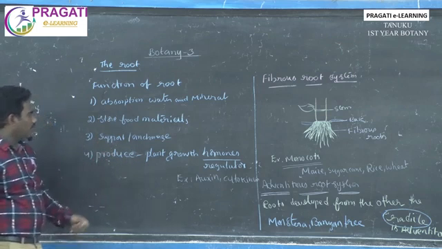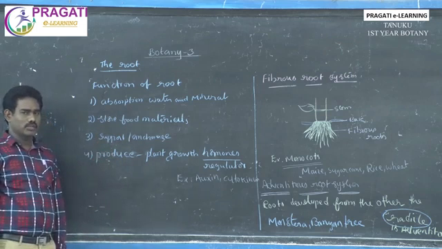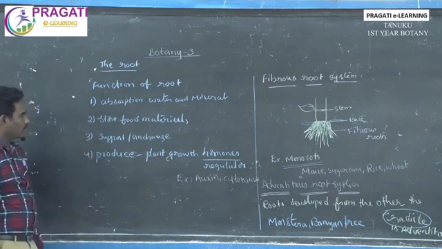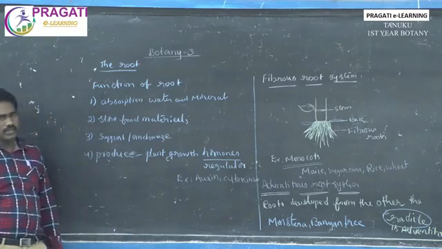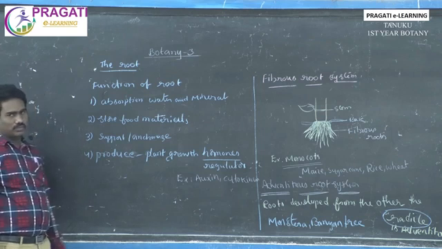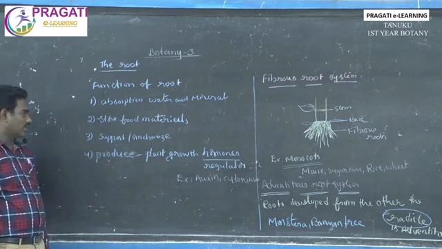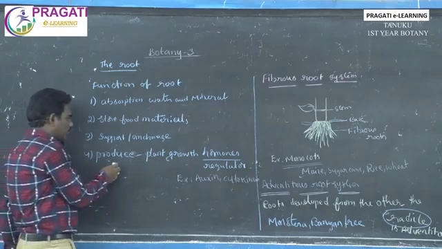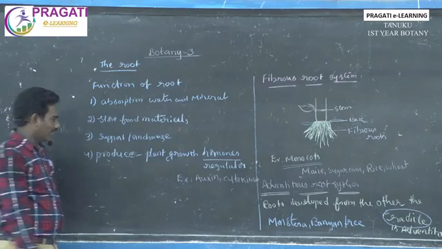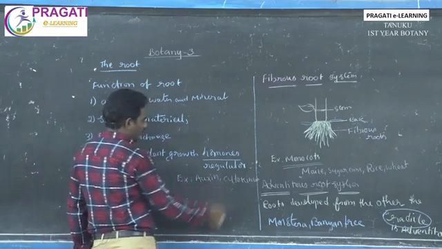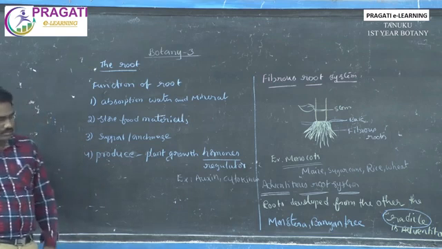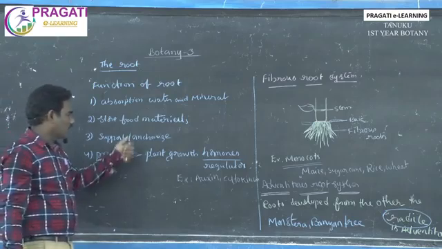To recap, the root's main function is absorption of water and minerals. Then storing food materials, and next anchorage or support to the plants, and producing plant growth hormones or plant growth regulators, that is auxins, cytokinins, gibberellins, etc. These are the functions of root.